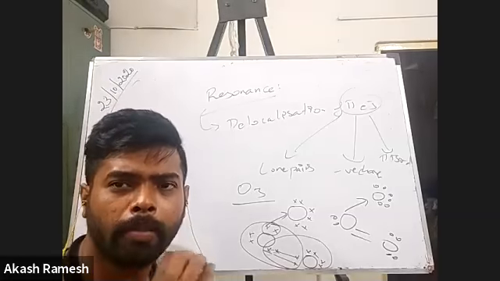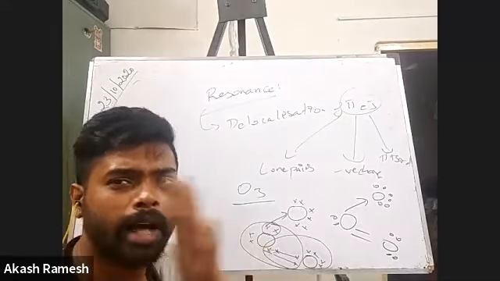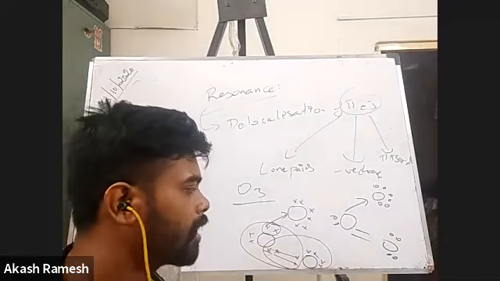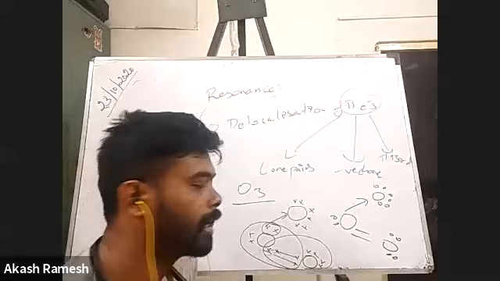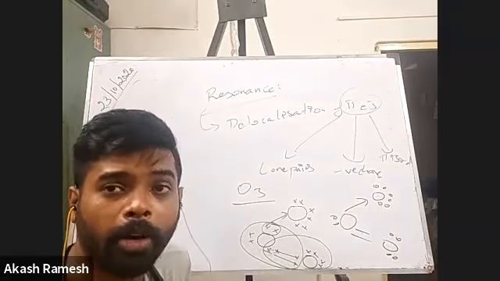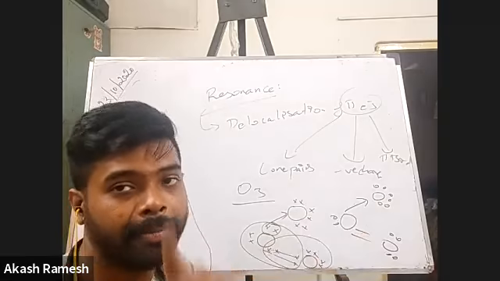With a stronger bond, the atoms will be very close to each other. With a weaker bond, the atoms will be a little far away from each other. So I expect this bond length and this bond length to be different because it's a single bond and a double bond. But what I see in reality is that both these bond lengths are same.